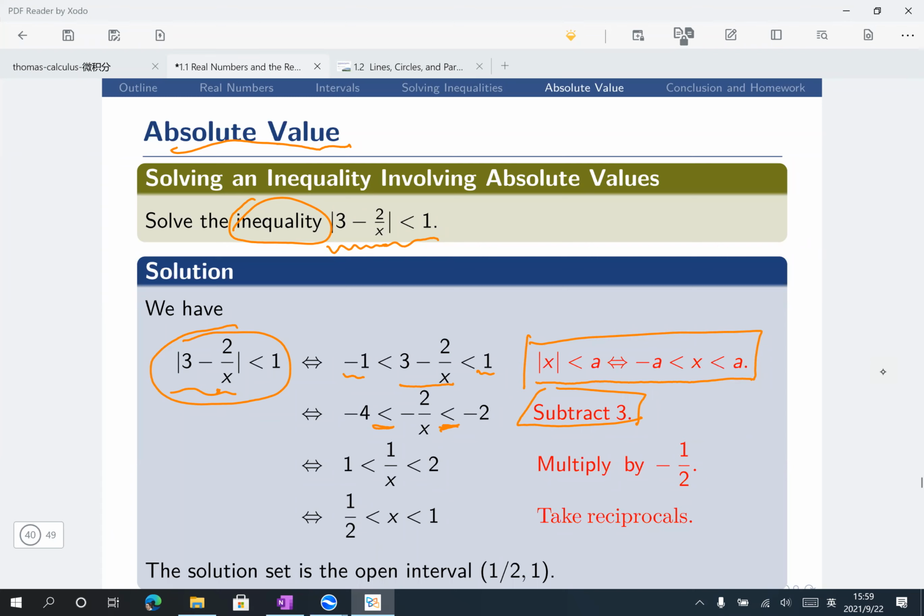Then this will be minus 4, and in the middle of the inequality it will be minus 2 over x, right? And this will be smaller than minus 2. And then we multiply by minus 1 over 2 to this inequality, right?